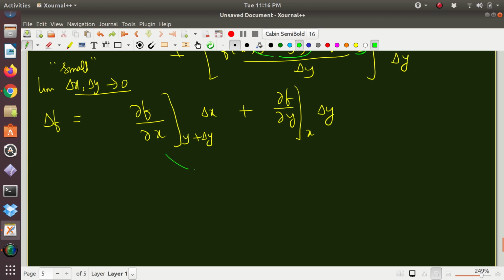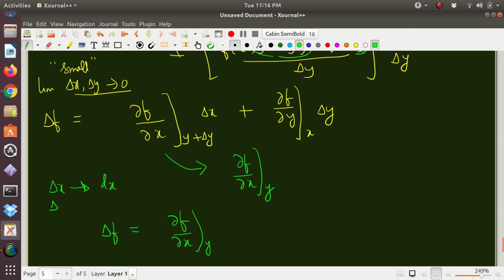So this quantity can be replaced by partial f by partial x at y itself. So delta f is nothing but partial f by partial x at constant y.